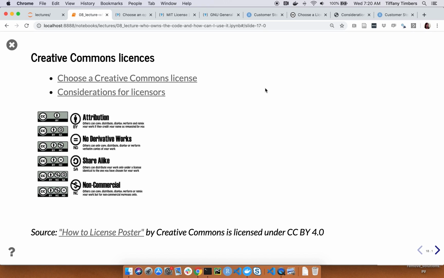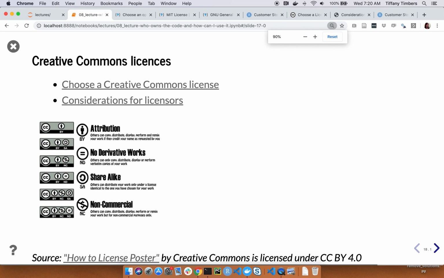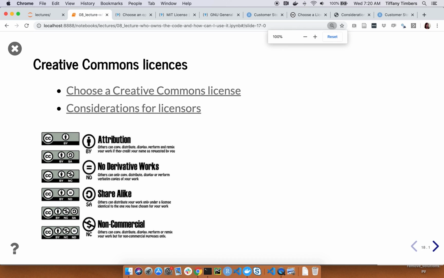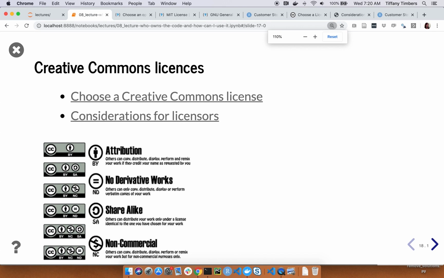Before we head to their website, I just want to give you a bit of a rundown about the Creative Commons licenses. Here are 6 different licenses that you can use. Basically they're a mix and match of different features that you might be interested in applying to your work.